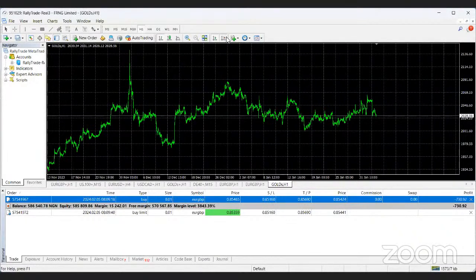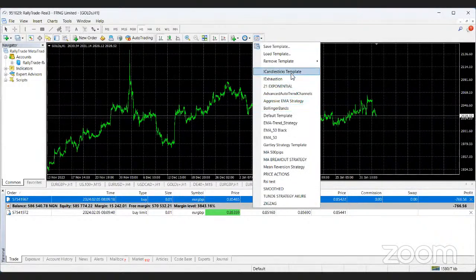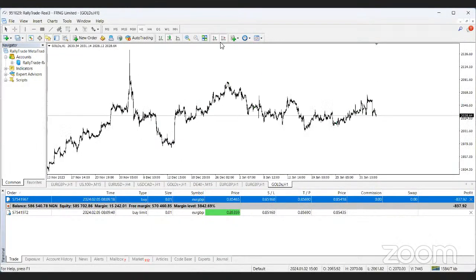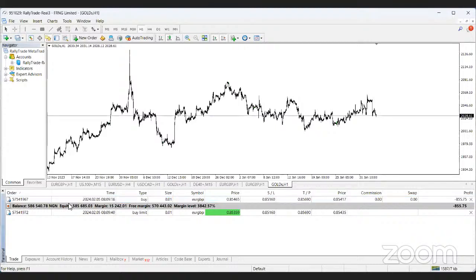Okay, but then let's look at some facts. Let's look at some ways of analyzing gold. Based on what I can see on this screen, I have a trend line that I can use to check.